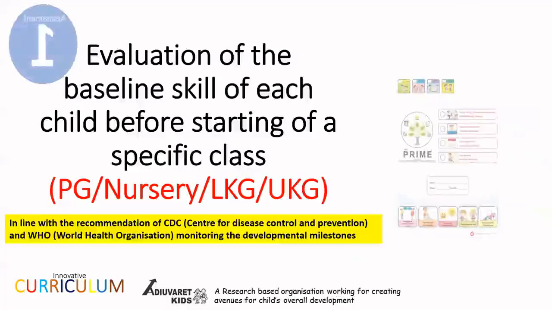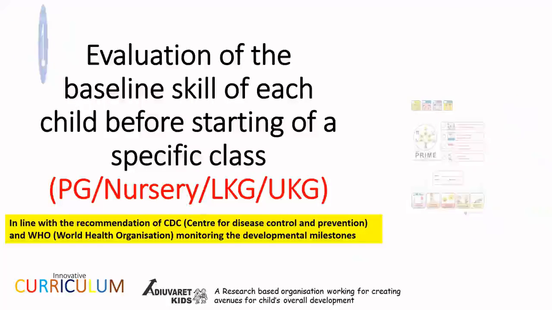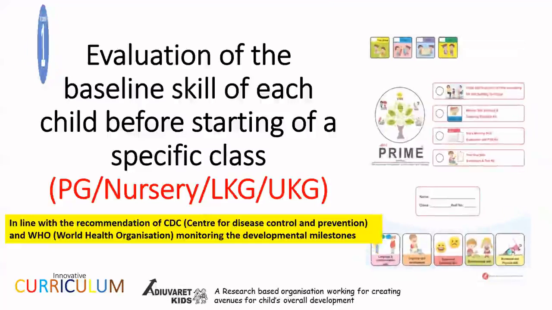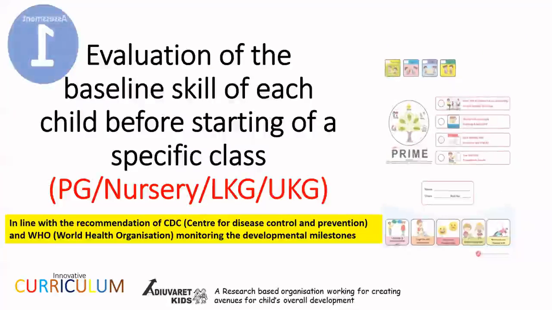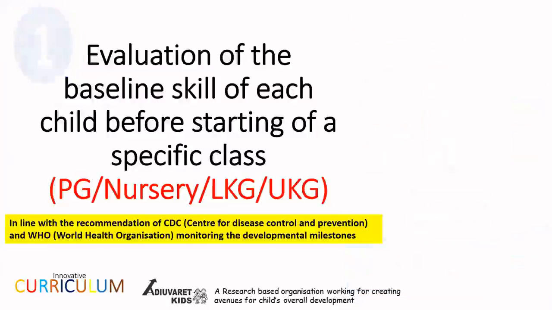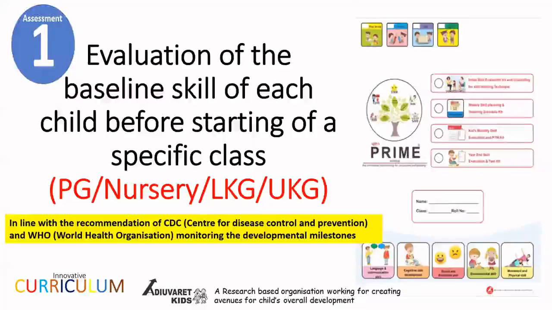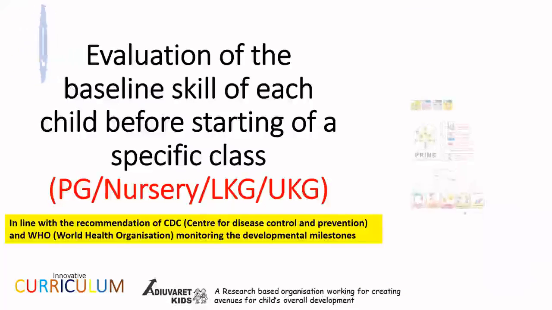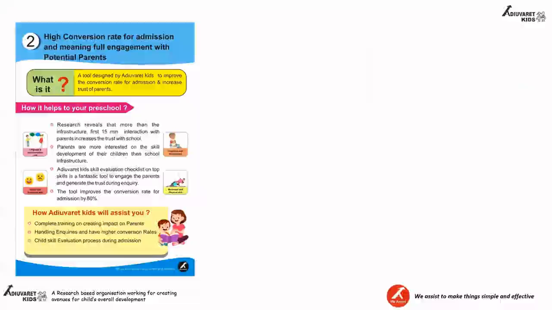So Eduvarate Kids has taken a lot of reference from international organizations like CDC and WHO, and based on that, it has developed a very, very fantastic tool which will be useful for many schools to adopt. So for details, you may reach out to us. We'll help you with this very basic initial skill assessment tool.